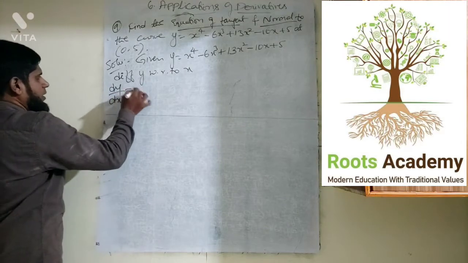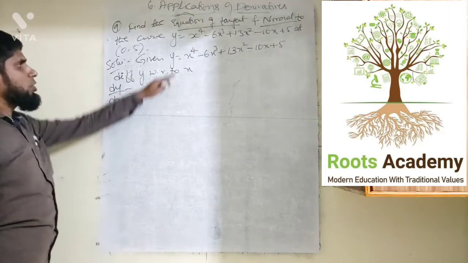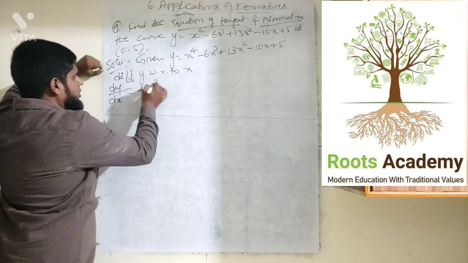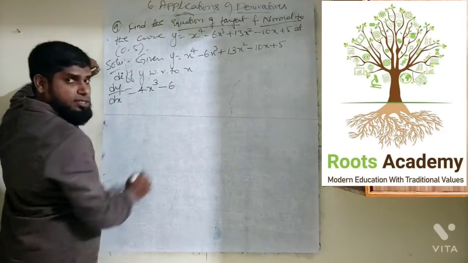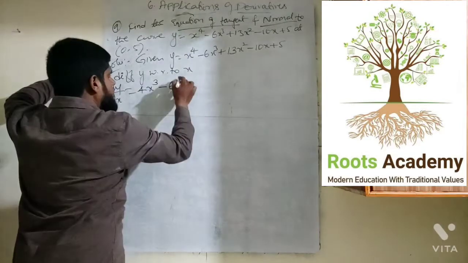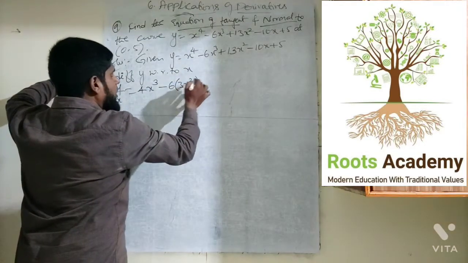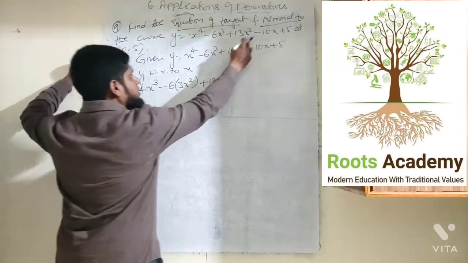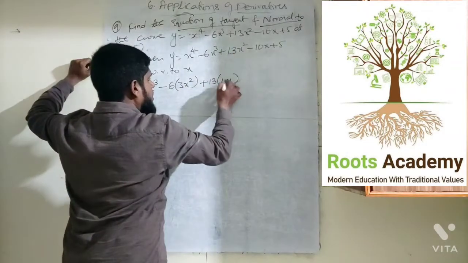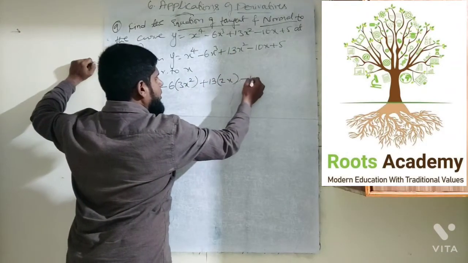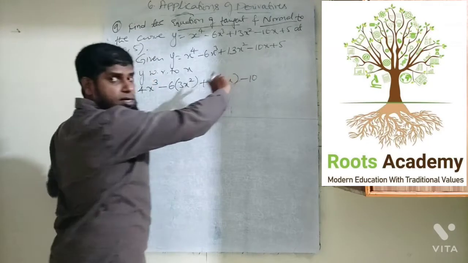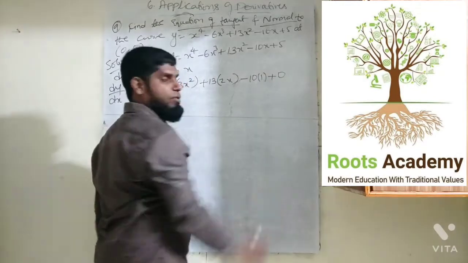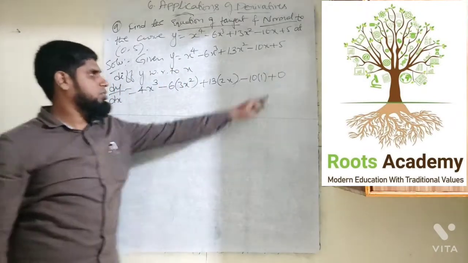So dy by dx is equal to the derivative of x power 4, which is 4x cubed, minus 6 times the derivative of x cubed, which is 3x square, plus 13 times the derivative of x square, which is 2x, minus 10 as it is, the derivative of x being 1, plus the derivative of a constant, which is 0.